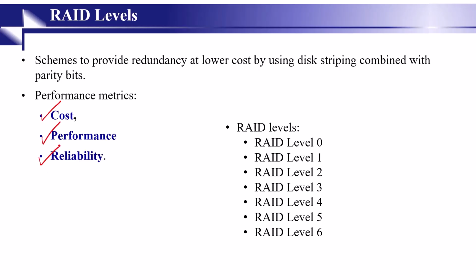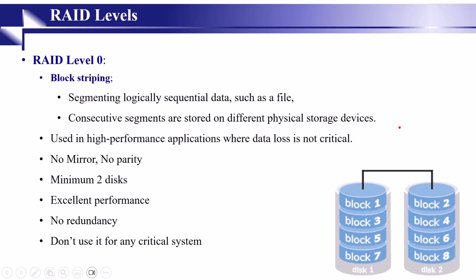There are, in general, seven levels of RAID, starting from RAID level 0 to RAID level 6. Each one has its own unique approach, and we will break them down one by one in the coming slides. Ready? Let's start with RAID 0.